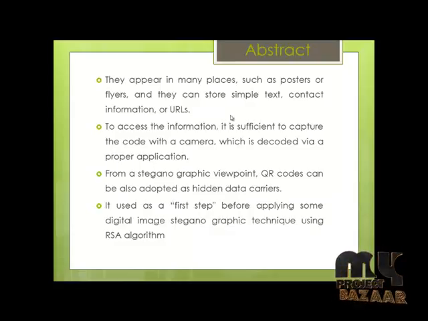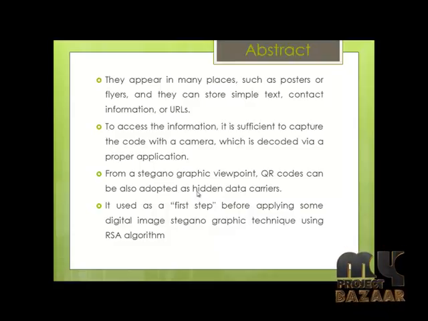The implementation is done on the smartphone, where camera capture and gallery selection are easy. The QR code and URL prediction are processed automatically, and the RSA algorithm helps with decryption to get the output.